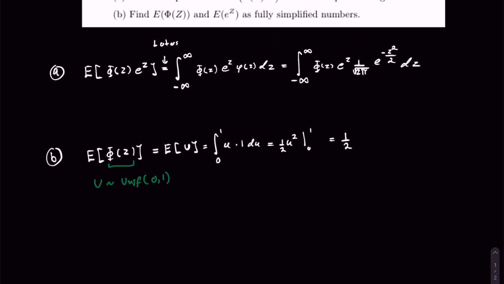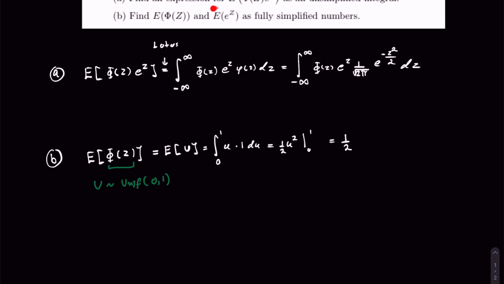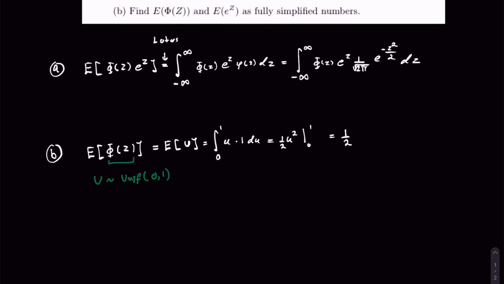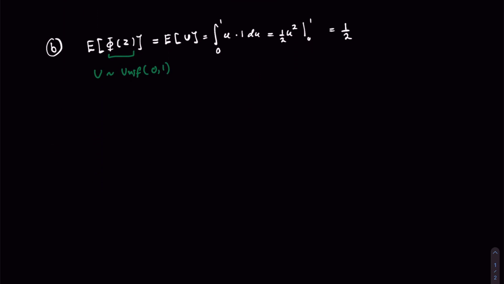Let's move on to solve the other expression here, the expectation of e to the z. Okay, so that one is the following, and here I was working with different ways of solving this. One involves using the MGF, and the other does not use the MGF, just heading straight towards the solution, because this looks fairly easy.